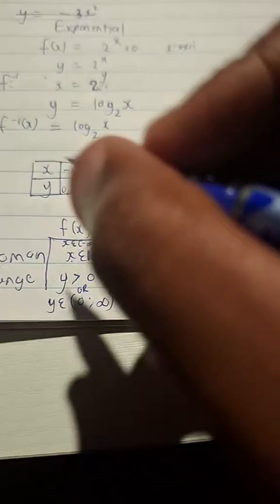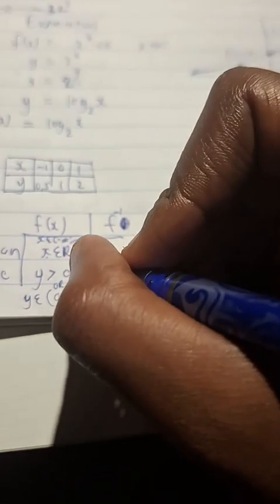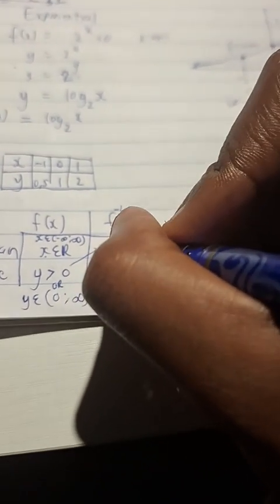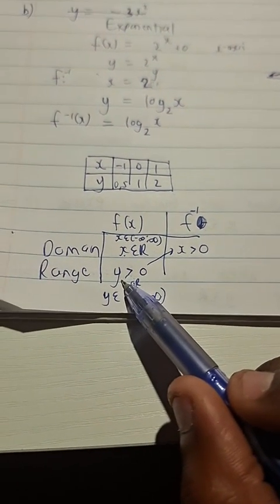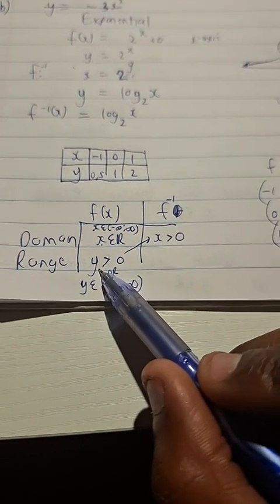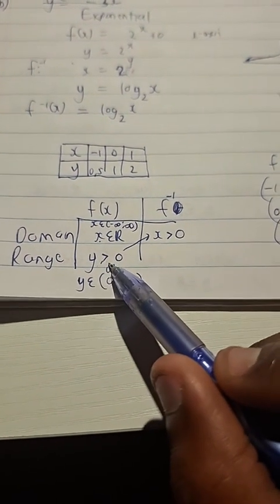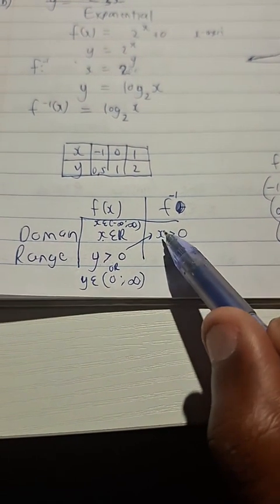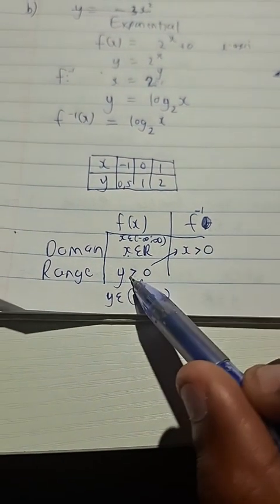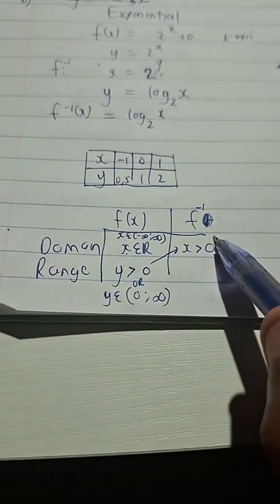And literally, it's like you are saying this here, x is greater than 0, but we swap. We swap, okay? And I can confirm this. So this here, the range becomes the domain, but you swap the y and the x. So it becomes x is greater than 0.